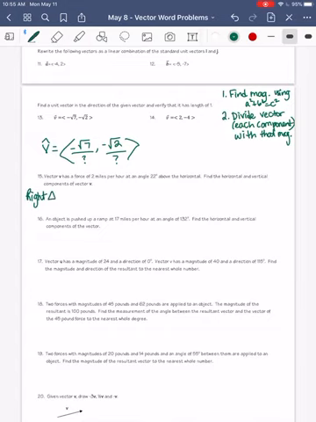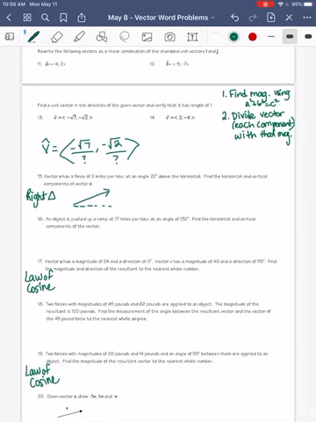It's only one vector, so you want to start by going like this, and then your vector is going to be like that. Number 17 you're going to have to do law of cosines, and the same thing for 19. 17 and 19 are very similar to what I just went over for your homework.